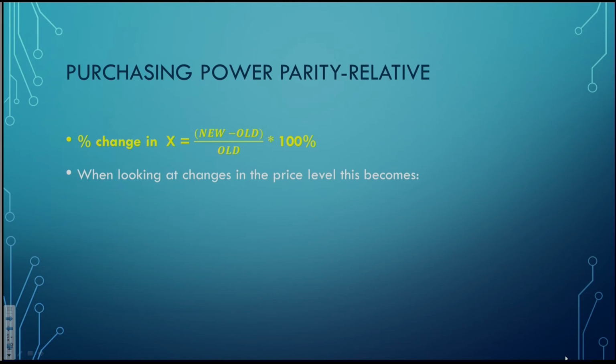When looking at changes in the price level, all I have to do is plug in for X. Our inflation is going to be the percent change in the CPI. So we're calculating the percent change in the Consumer Price Index. I simply take the new value minus the old value, divided by the old value, multiplied by 100%, and that's going to give us our inflation level.